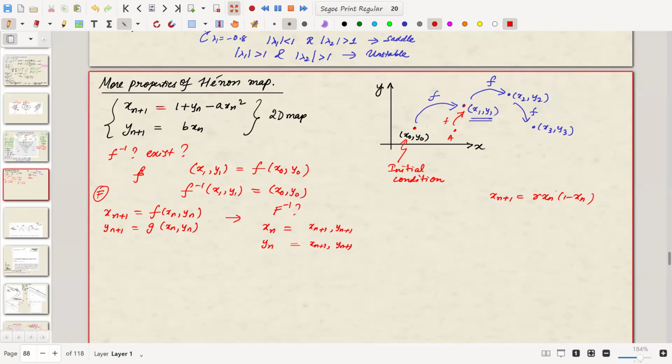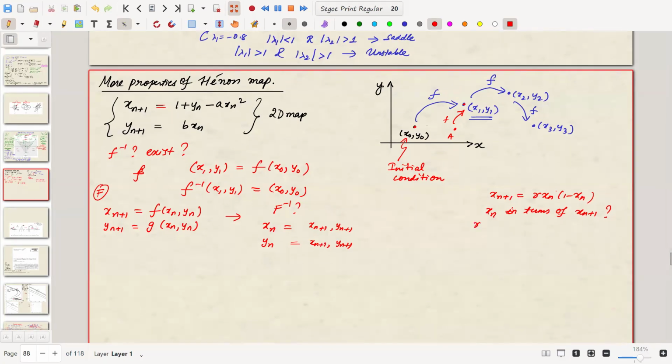Here I want to ask you, can you write x_n in terms of x_{n+1}? I think yes. Why can't you? R x_n minus R x_n squared is equal to x_{n+1}.